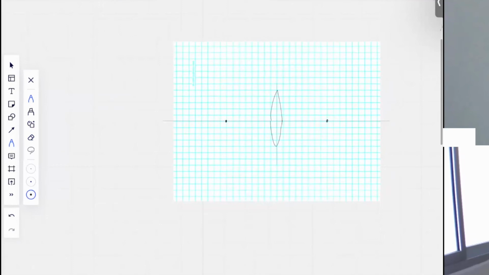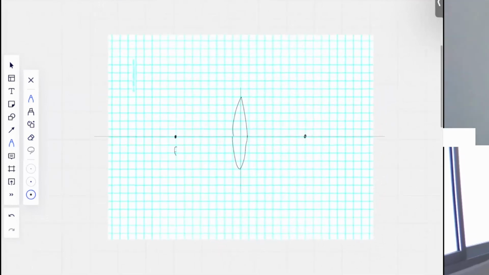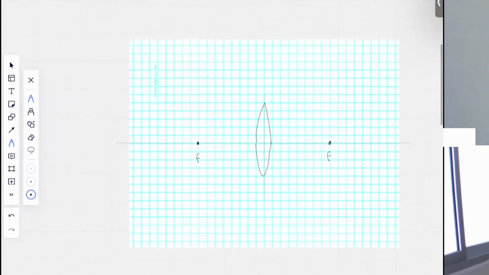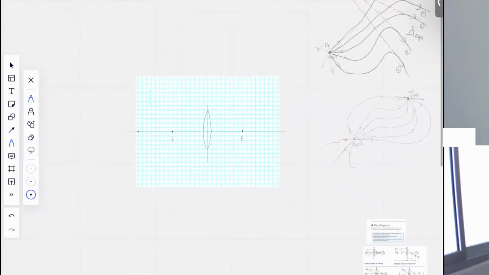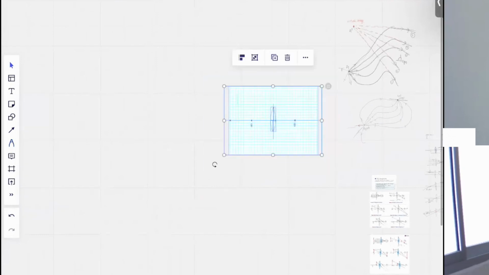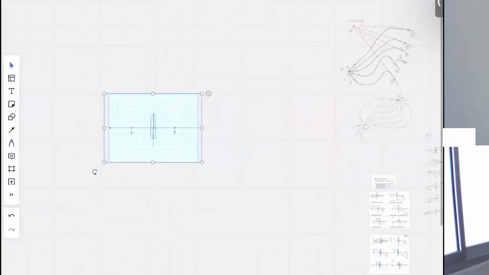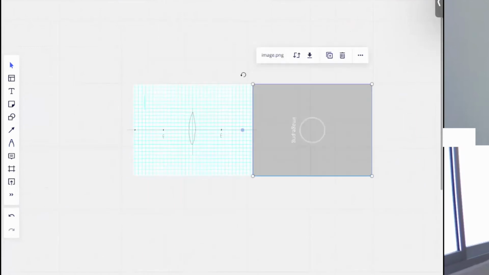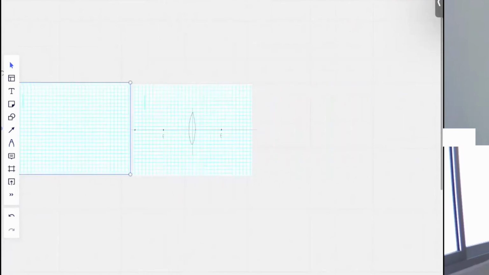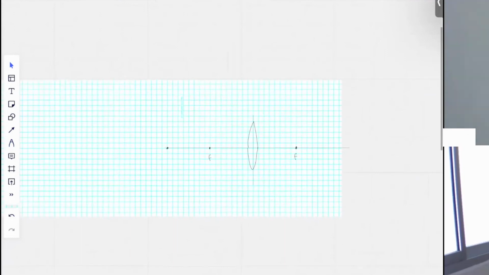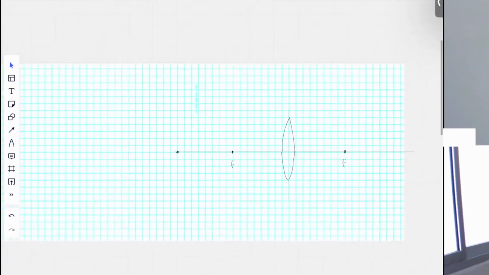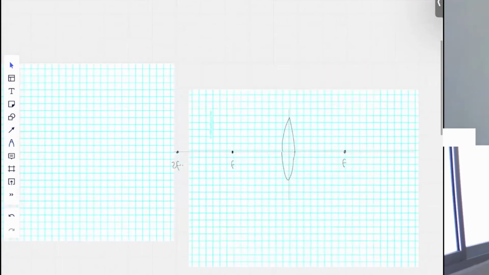Okay. Yeah. So this is there. This is there. Then we draw to F. Okay. Then we shift a bit. Good. Duplicate here. Yeah. Then this is to F. Okay.